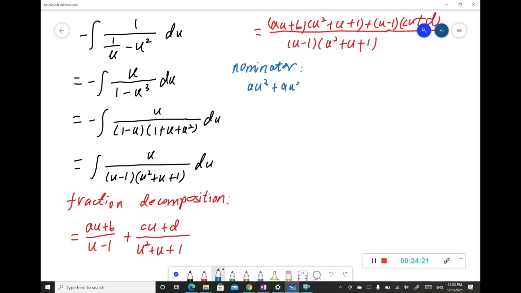It will become au cubic plus au squared plus au plus bu squared plus bu plus b plus cu squared plus du minus cu plus d, and it will equal u.